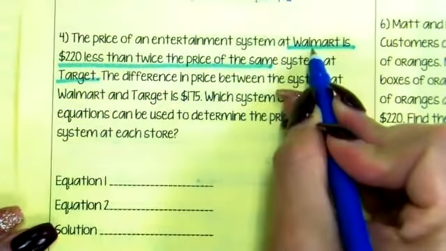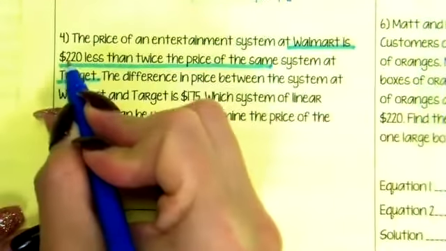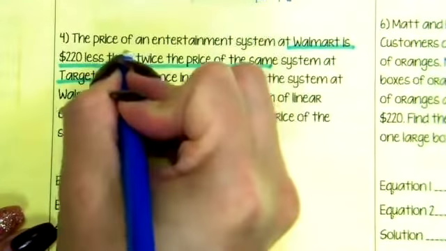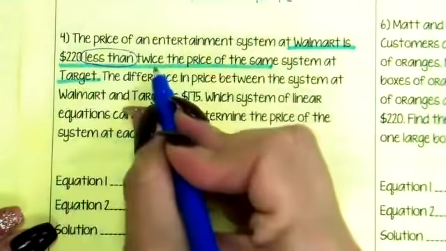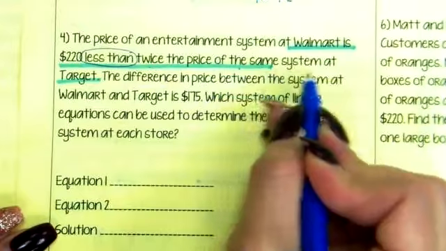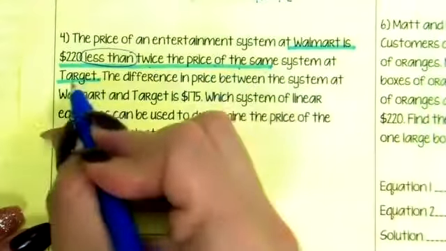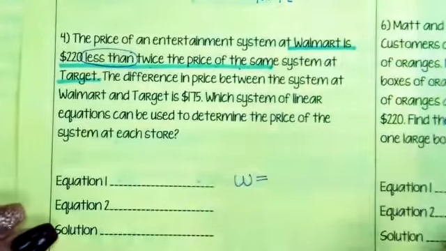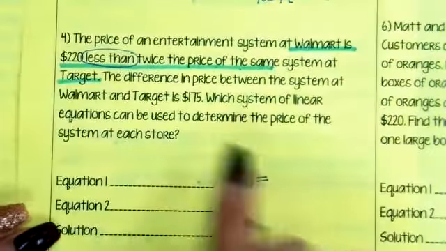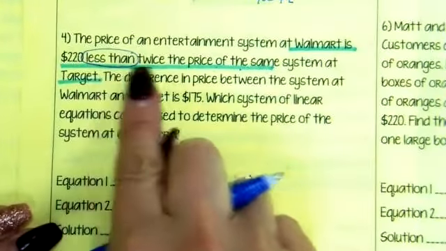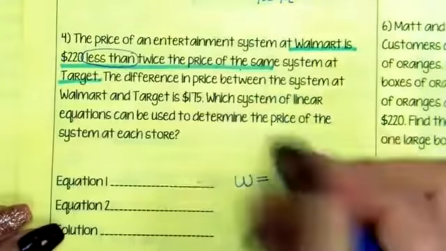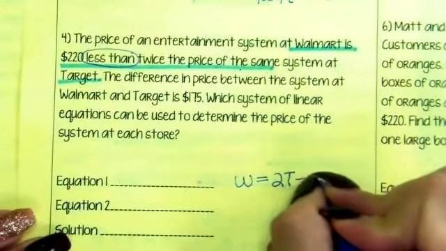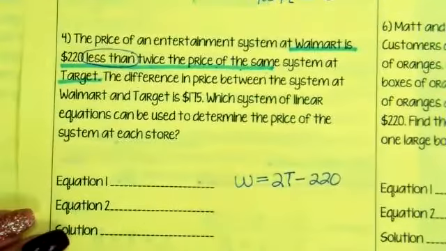So Walmart is $220 less than twice, remember, turnaround phrase, twice the price of the system at Target. So Walmart equals twice the price of Target minus the $220.